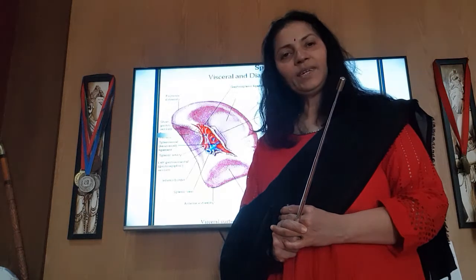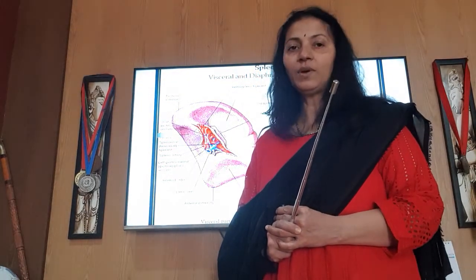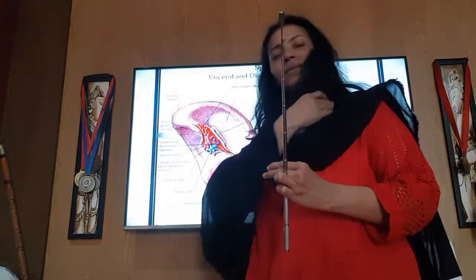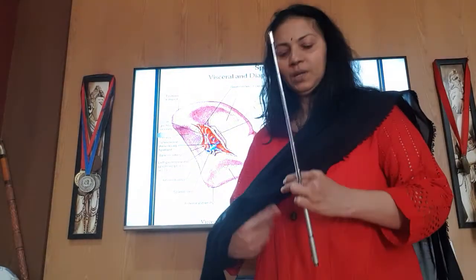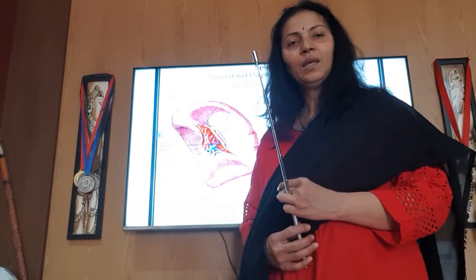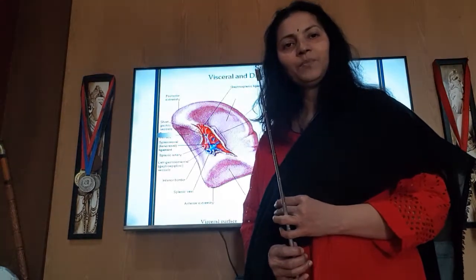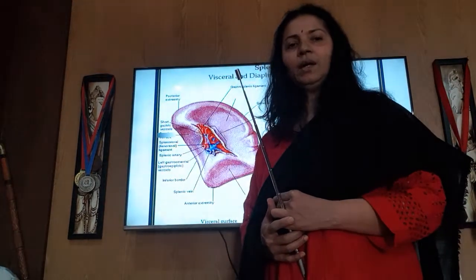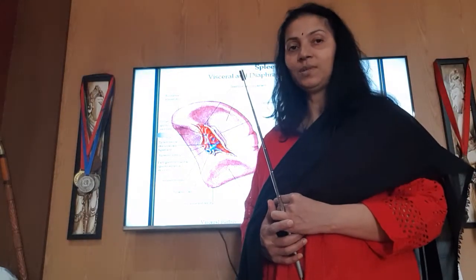WBCs are in full form called white blood corpuscles. That is why the periphery is called white pulp. It's not white in color, it has instead got a lot of white blood cells. So that is why it's called white pulp. Whereas in the sinusoids, since the RBCs are scattered, it's called red pulp. So the center is called the red pulp and the periphery is called the white pulp. It is not because of white in color, as you may see.